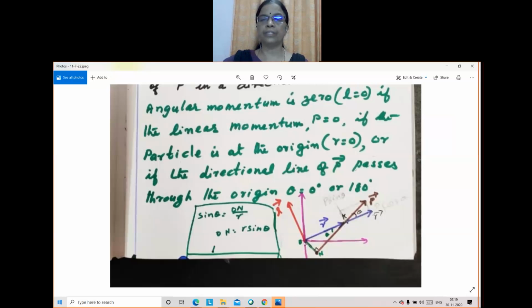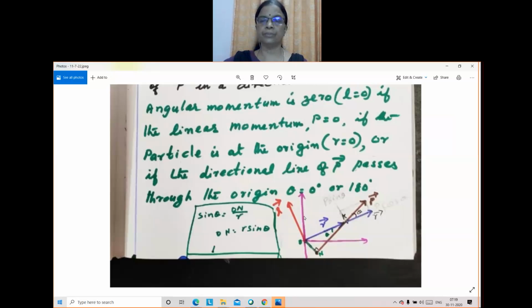The body is rotating about this axis, suppose this is the Z axis. When R is 0, that is, if the point is at the origin or along this line, the angular momentum will be 0 because R is 0.